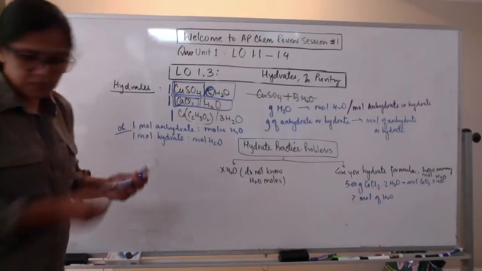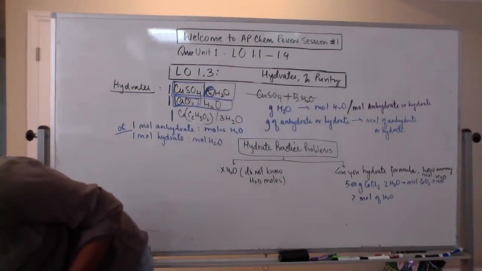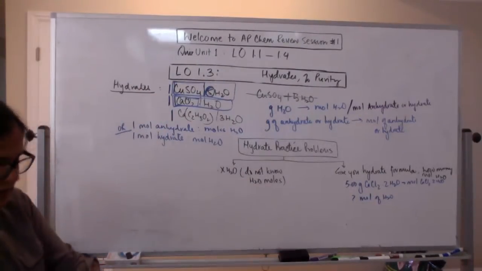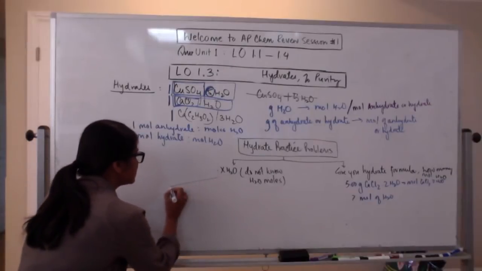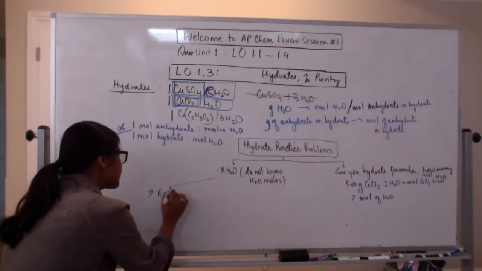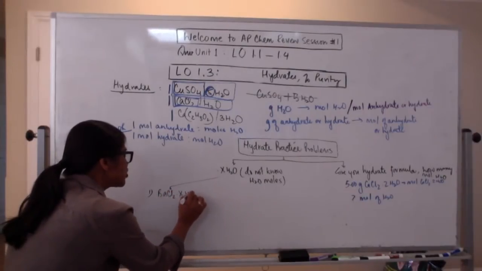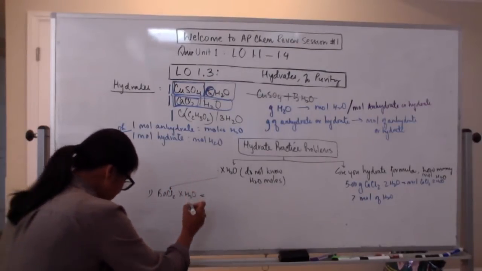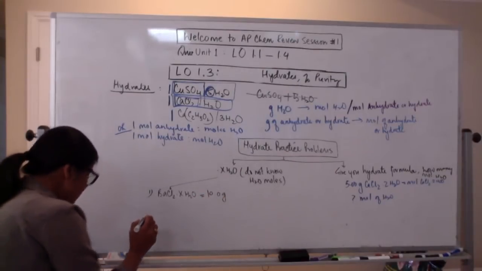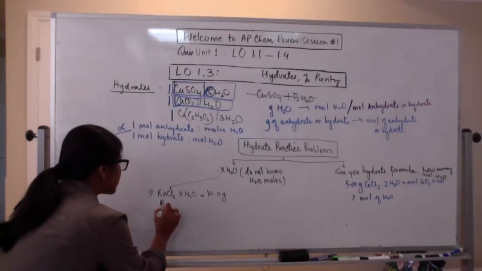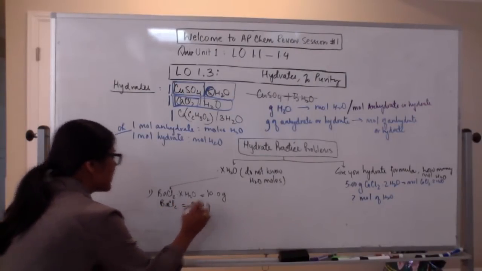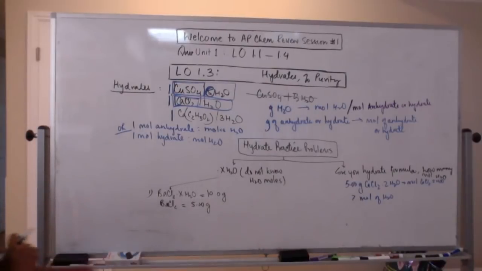The second type of problems, which do not give you the X water, can give you 3 different types of data. One type of problem will give you something like BaCl2·xH2O, and you took a certain mass of it. Let's say you took 10 grams of it. They will give you the mass of anhydrate. BaCl2's mass is, let's say, 5 grams. And they'll ask you to calculate the formula.